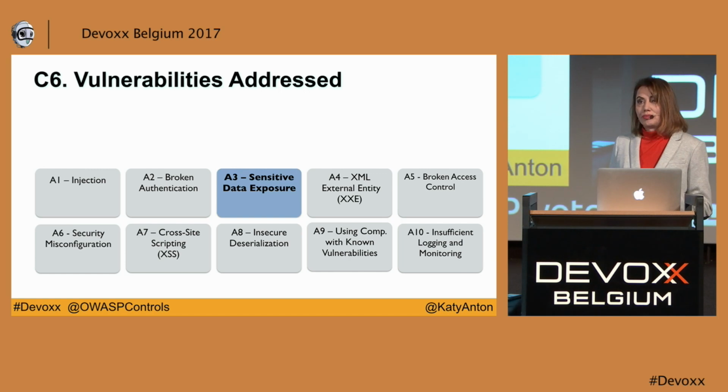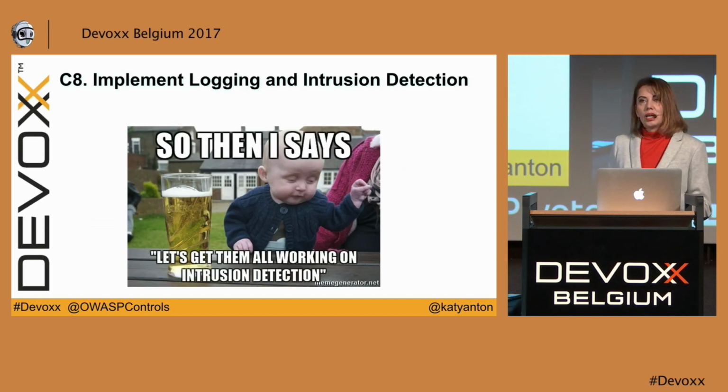the logging? For this, we have control number 8, implement logging and intrusion detection. Logging should not be used only for debugging and troubleshooting, but can also be used for application monitoring, compliance monitoring, and intrusion detection.